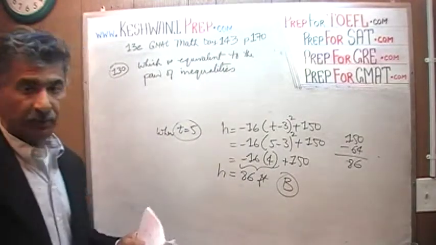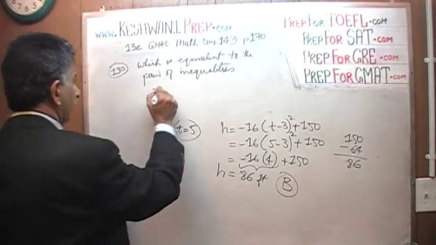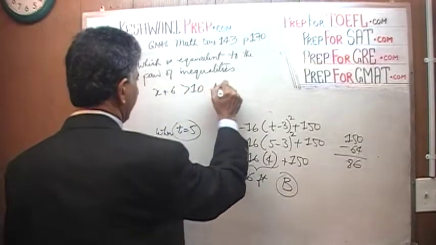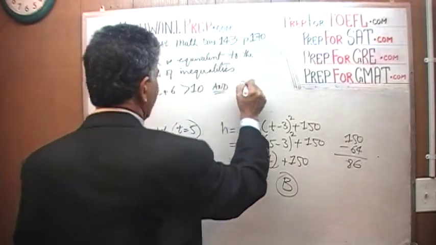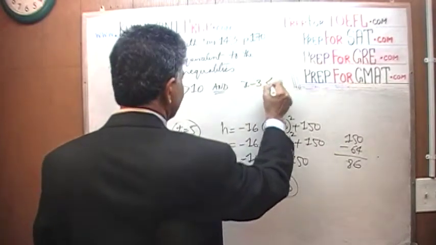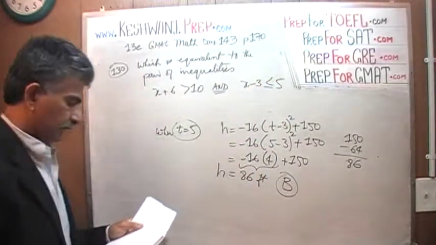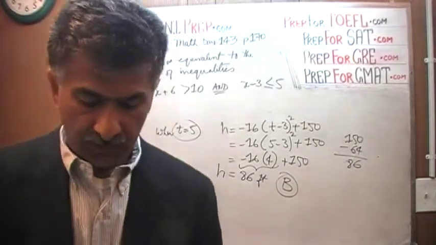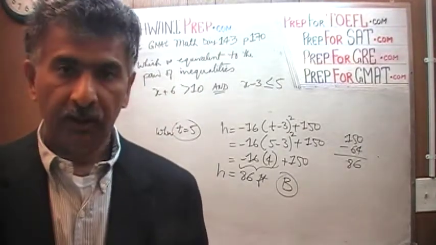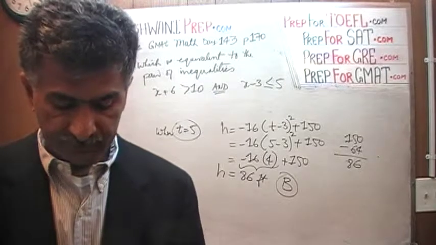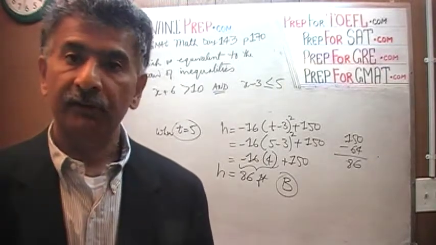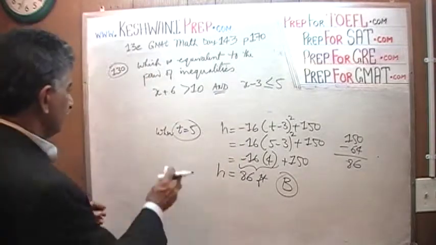So they're giving us a pair of inequalities: x plus 6 is greater than 10, and x minus 3 is less than or equal to 5. These are the two inequalities. Our job is to combine them and identify one answer choice that is equivalent to having these two inequalities separately. Let's put them together, shall we?